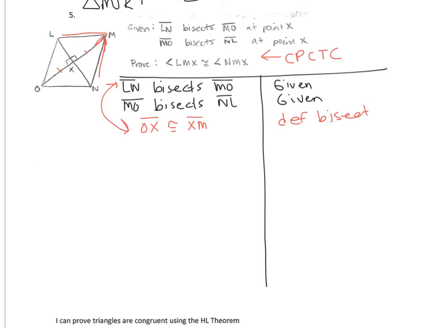And then MO bisects NL. So if NL is going to be cut in half, that means that LX is congruent to NX by definition of bisect. So I have these two right here.